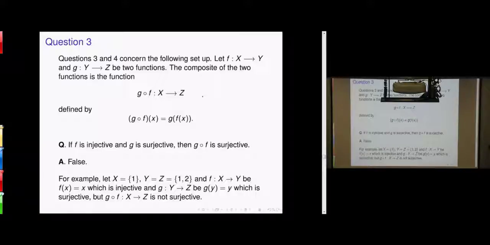So the picture is: X only has one element, which is 1. Now I have Y, with two dots, one is 1, one is 2. And Z is 1 here, 2 there. This is my F, and this is my G.